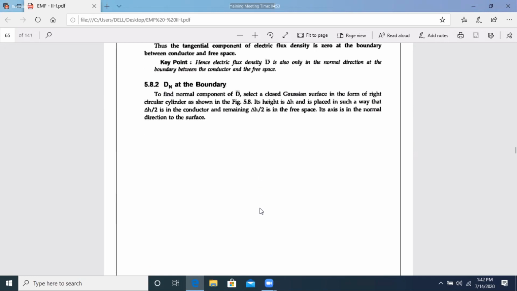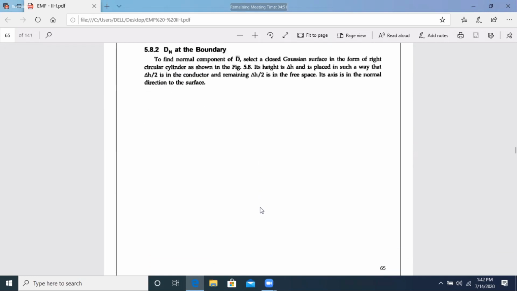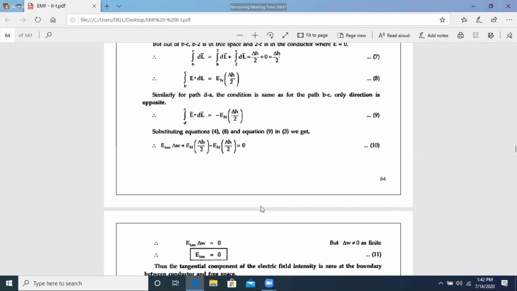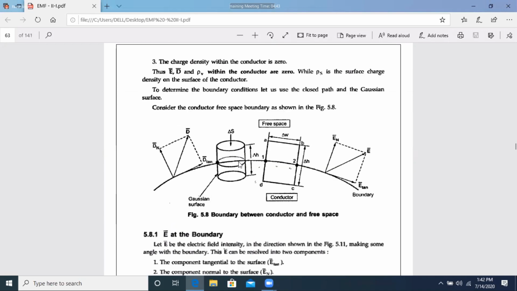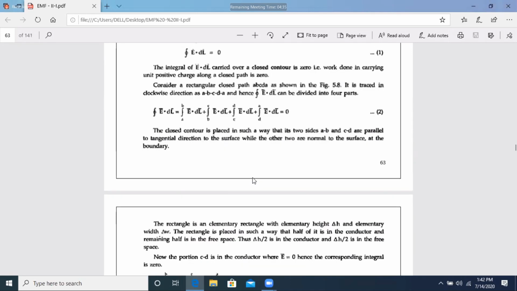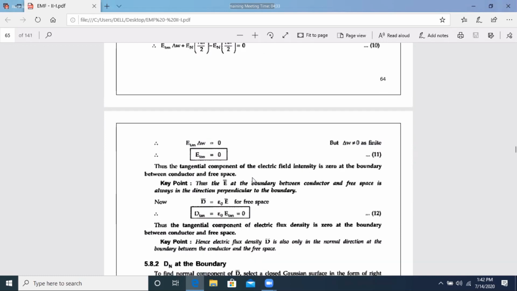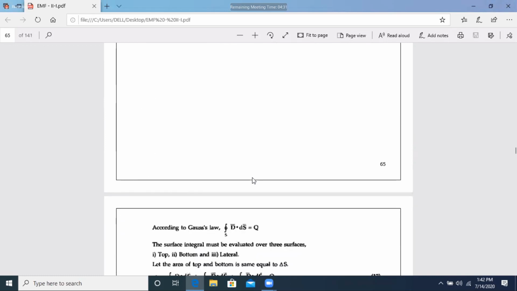Now, if we go back and look at the pillbox, we are going to do the same thing. We are going to squish it down like this. According to Gauss' law, the integral of D dot dS is equal to Q around the Gaussian surface.